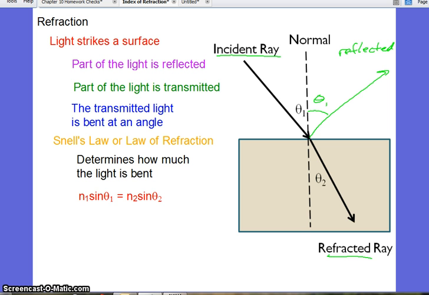It determines how much the light is bent, and it states that the index of refraction of the first material times the sine of the angle in the first material, the incident angle, is equal to the index of refraction of the second material times the sine of the angle in the second material, the refracted angle.